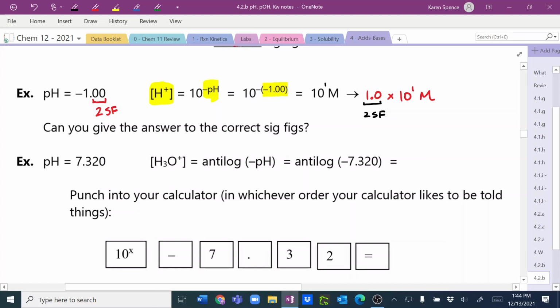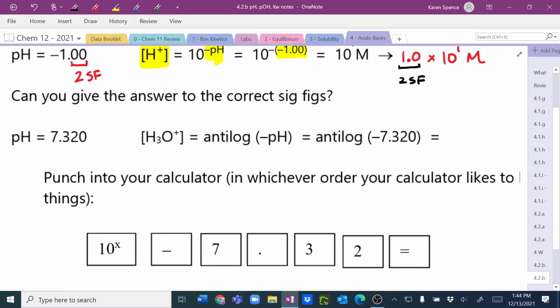I wrote this one the other way just to give you an example of how you could show the work another way if you want to. Totally up to you. You can write hydrogen ion or hydronium ion is equal to the antilog of the negative pH, which just means 10 to the negative pH. Same thing, but you can write it this way if you prefer, your choice. So we're going to take the antilog of negative 7.320.